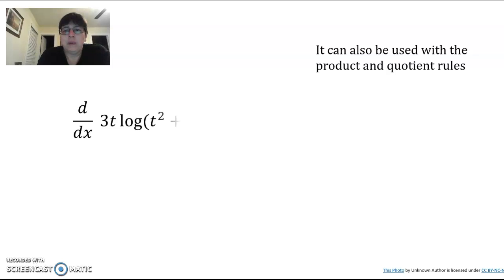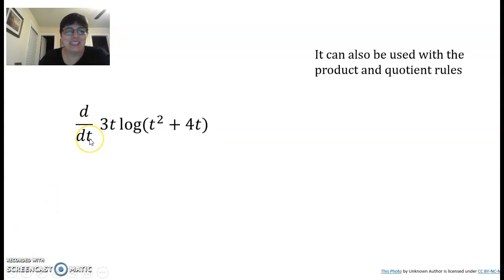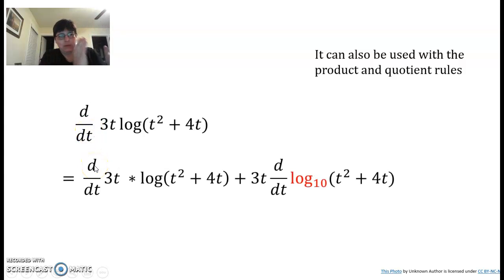So using product and quotient rules, let's just do a product rule and call it good. So the derivative of 3t log base 10 of t squared plus 4t, oh, I should have said dt. Okay, there, switched. So we're going to take the derivative of the first function and multiply it by the second function, and then add it to the first function times the derivative of the second function.